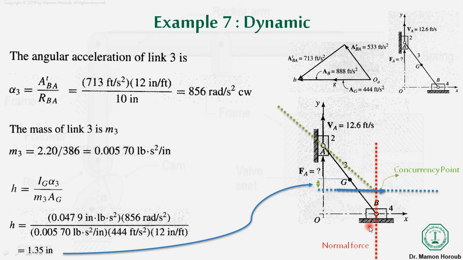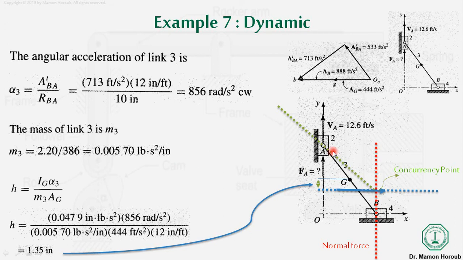Similarly, the direction of the force from link 4 to link 3 was known to us. Okay, and similarly, we can directly connect a force starting from link 2 until the concurrency point. So knowing these three, we can calculate the value of Fa.